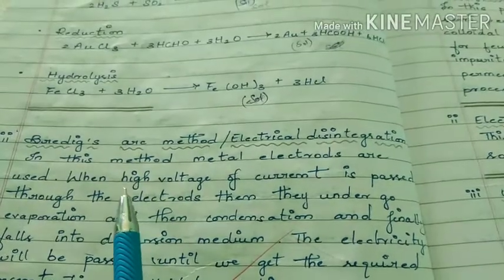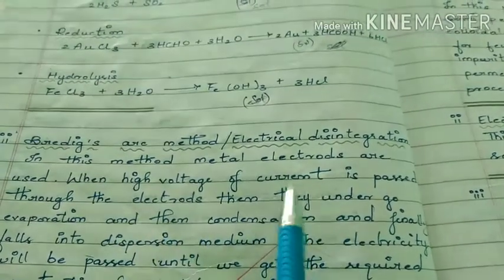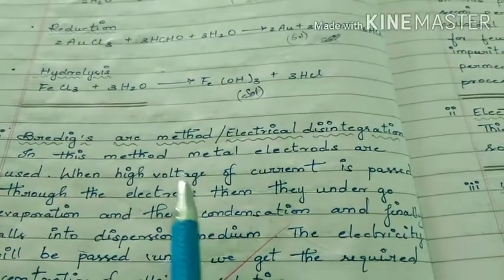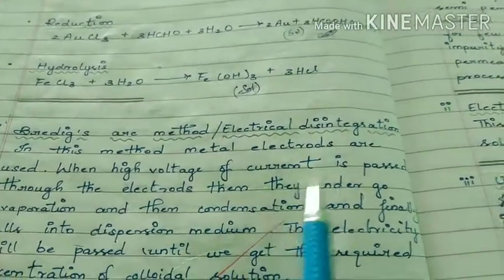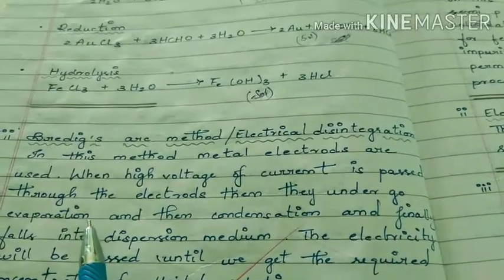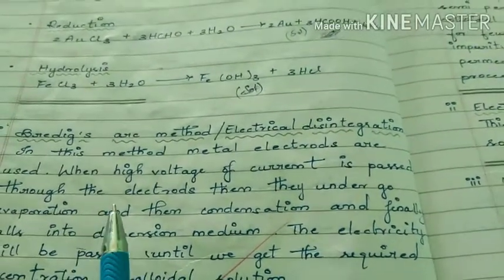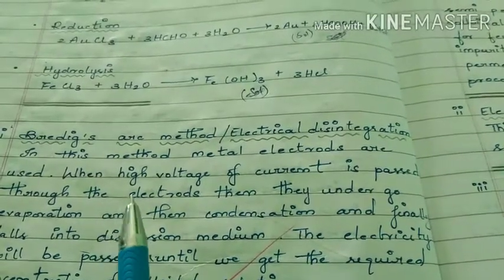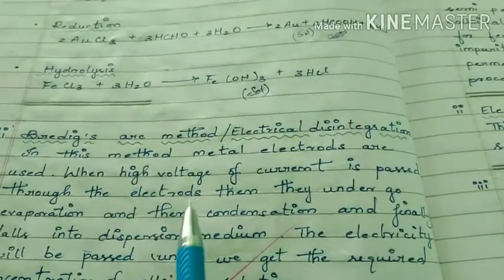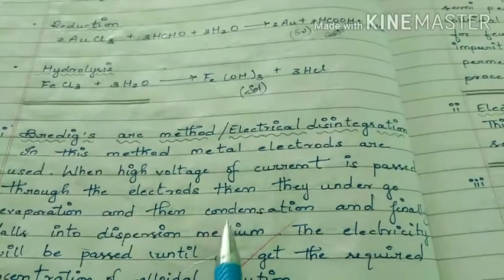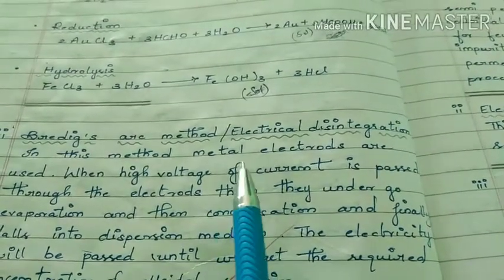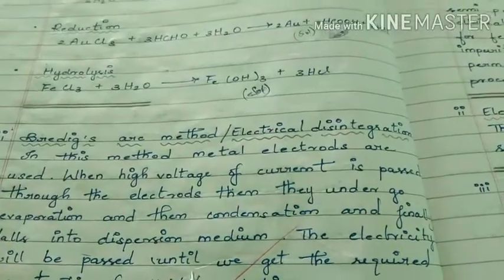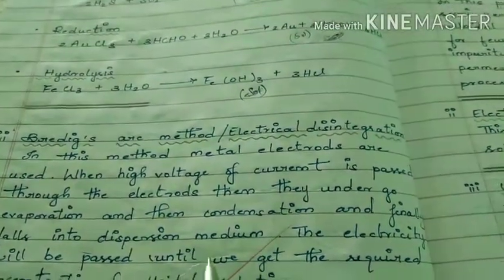When a high voltage of current is passed through the electrodes, that means when we apply high electricity through those electrodes, then those electrodes undergo evaporation, because we are applying a large amount of electricity. Then they undergo condensation again. This whole process should be done in a closed vessel.